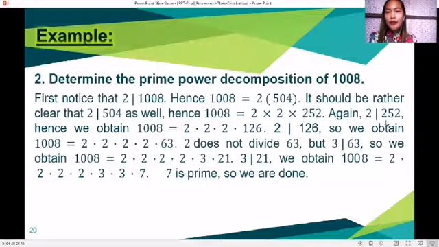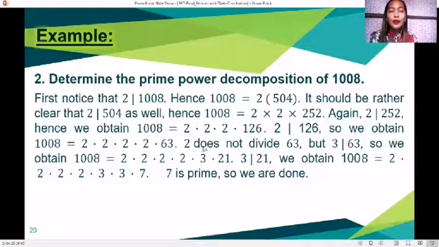Again, 2 divides 252. Hence, we obtain 1008 is equal to 2 times 2 times 2 times 126. 2 divides 126. So we obtain 1008 is equal to 2 times 2 times 2 times 2 times 63. 2 does not divide 63, but 3 divides 63.